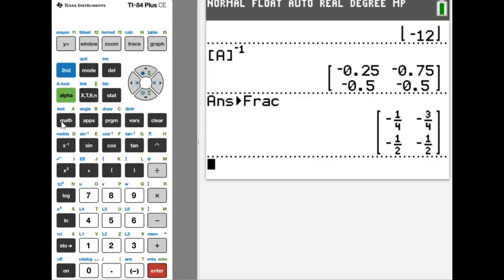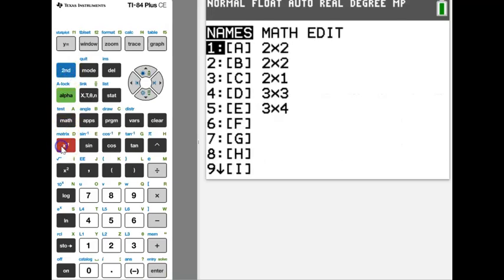And then inverse of matrix C, you cannot find the inverse of a non-square matrix. Remember, a square matrix is like a 2 by 2, a 3 by 3, a 4 by 4. So because matrix C is not square, you're not going to be able to find its inverse. And if something doesn't have an inverse, it's called singular.